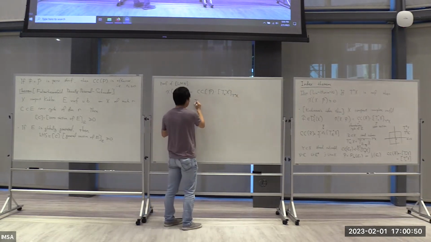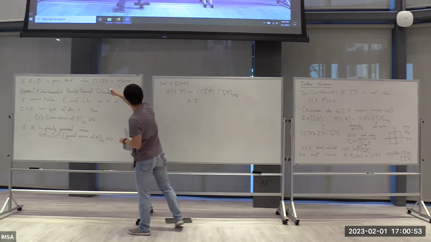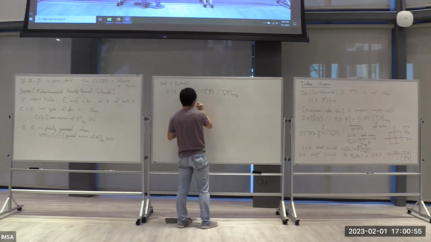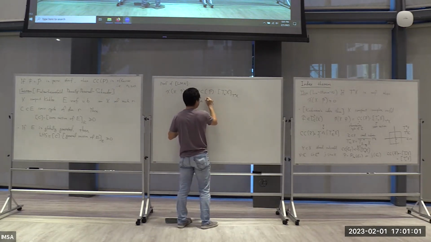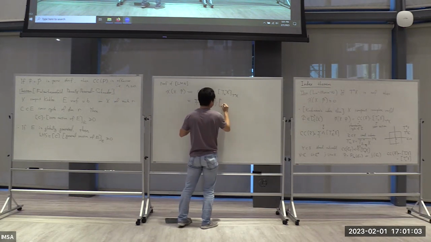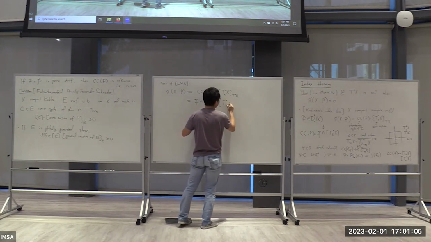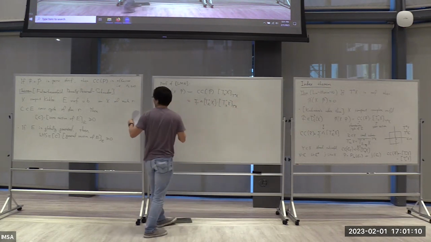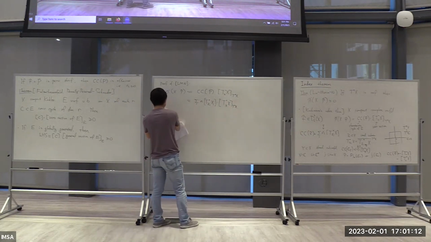And I have also told you that for a perverse sheaf, the characteristic cycle is effective. So the characteristic cycle will look like this, and perverse tells me that the n_i are non-negative.